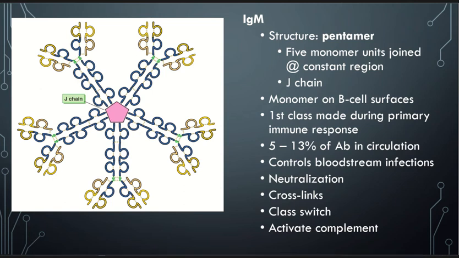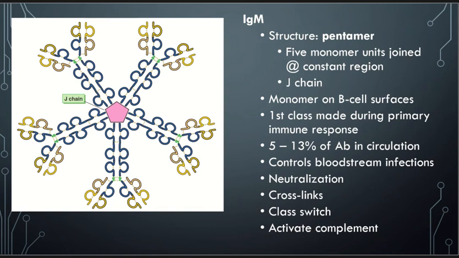It can neutralize, it can cross-link, and it's the first one made, so it's the one that's going to be able to class switch into IgA, IgG, and IgE. The way you can think about that is the acronym AGE: IgA, IgG, IgE. So IgM first, and then it'll class switch into those 3.